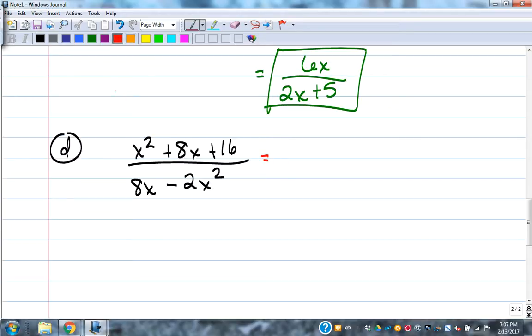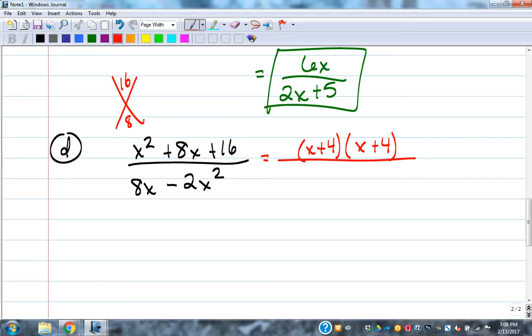Yeah, X method on it. So we're looking at 16 and 8. Yeah, it's X plus 4 twice. Candace is pretty quick at this. That's good. Now what happened on the bottom? Okay, a 2 and an X. And because that is in the wrong order, that 2 on the front of the X squared is negative.